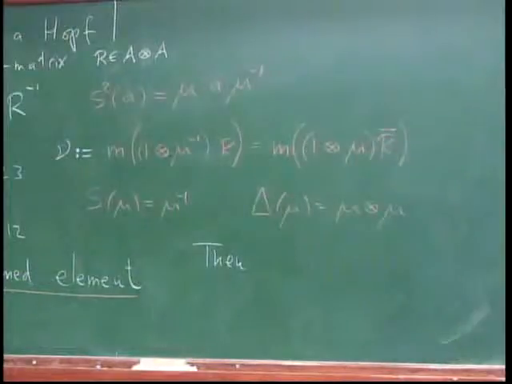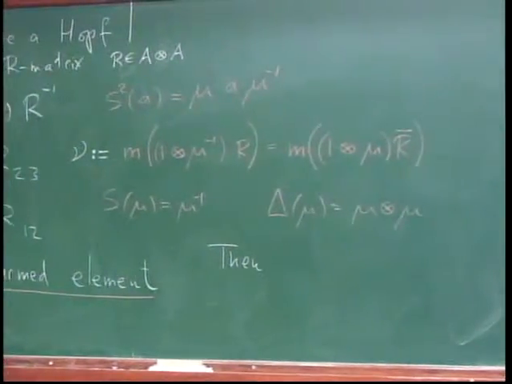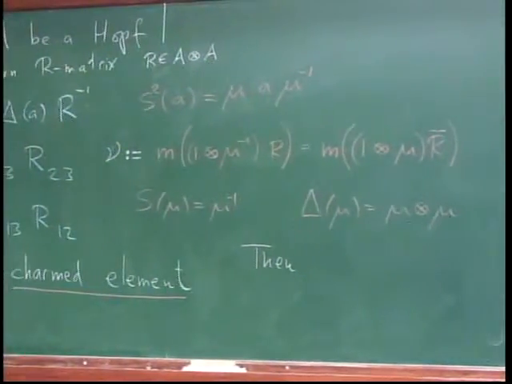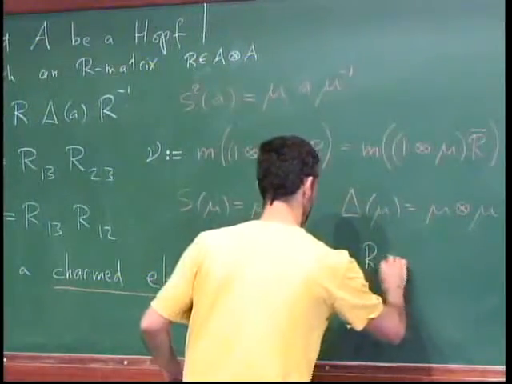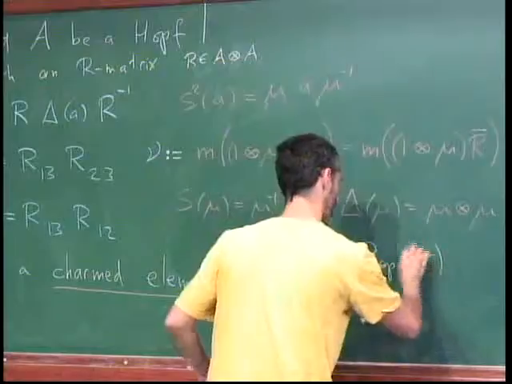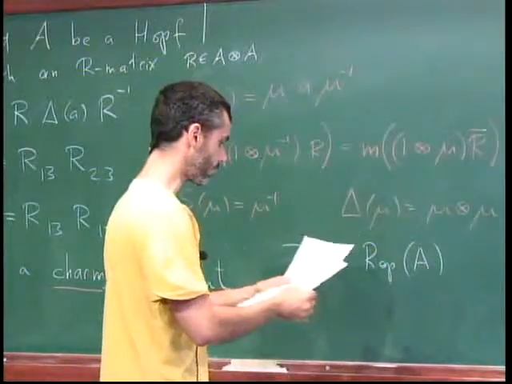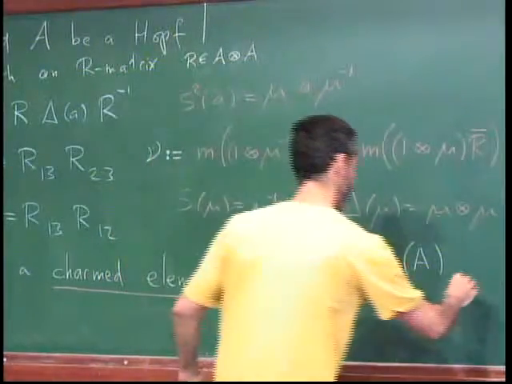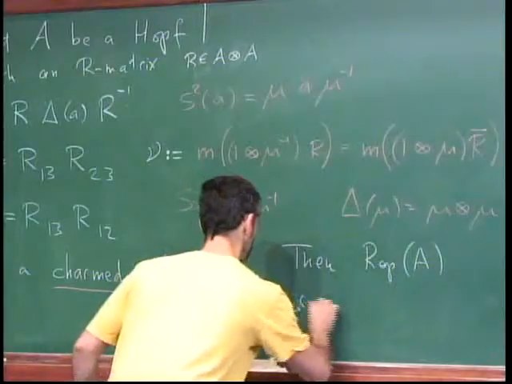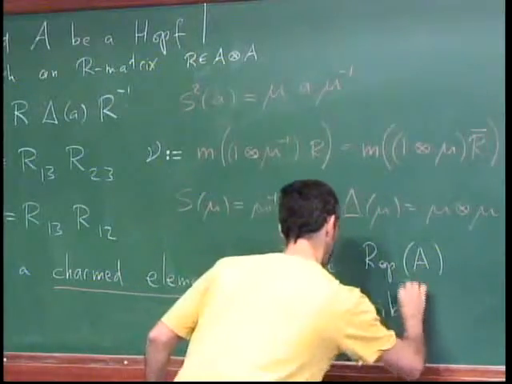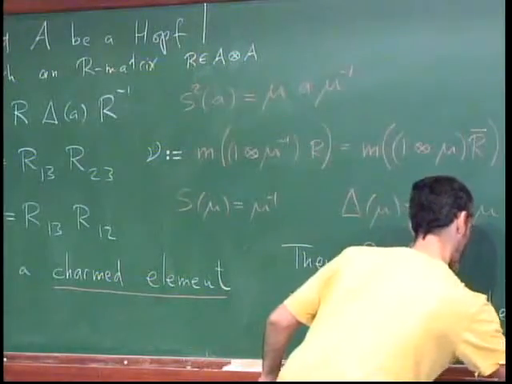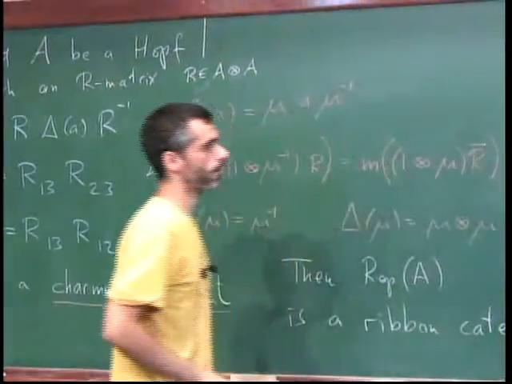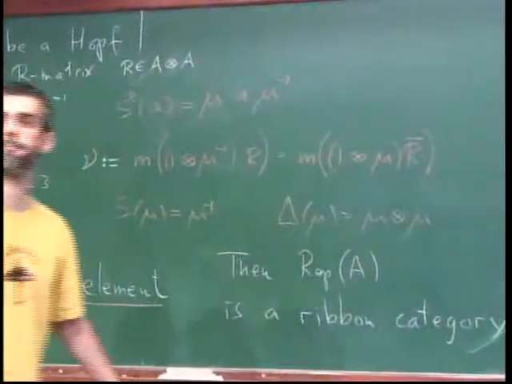Then the category of finite dimensional representations of A, which I just denote rep A, is a ribbon category, satisfies those axioms.